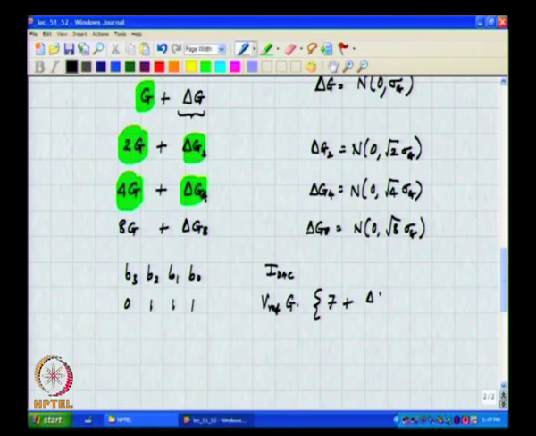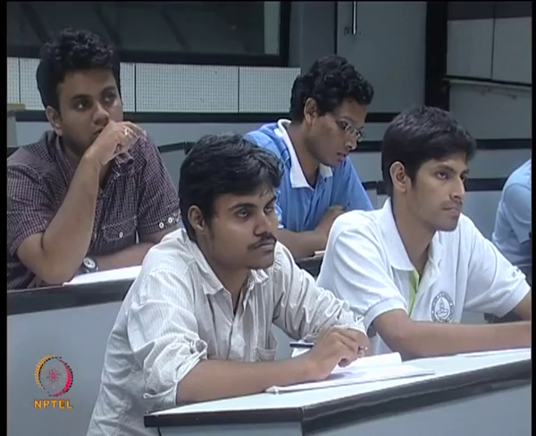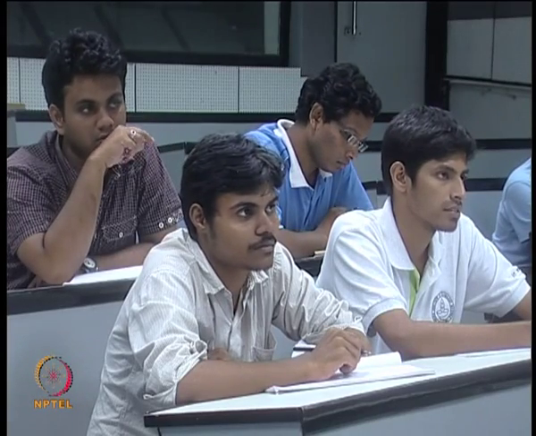So, this will be delta G plus delta G2 plus delta G4 divided by G, correct. Does it make sense? And can you comment on whether these errors are correlated? They are not correlated, right, because they are all coming from different elements.